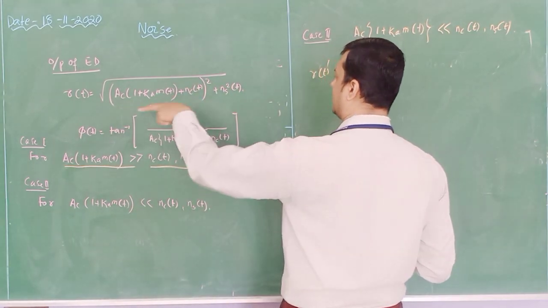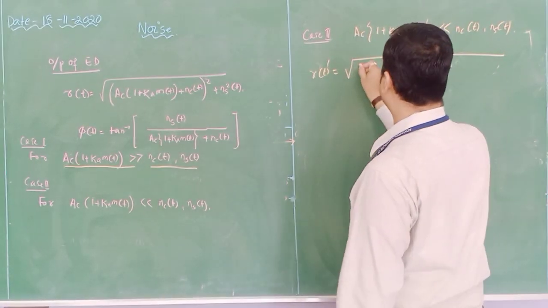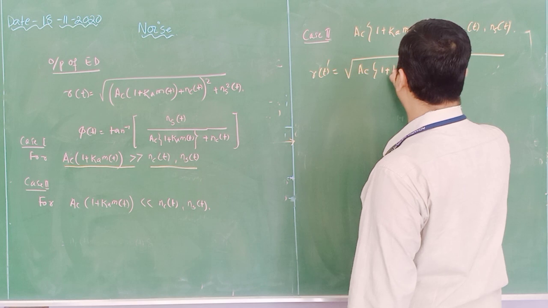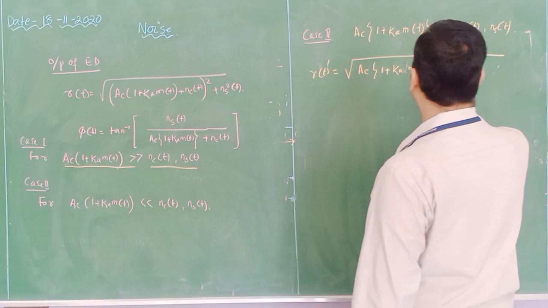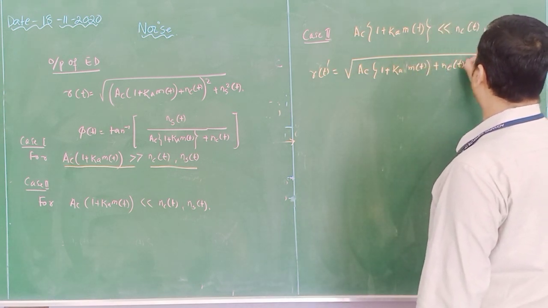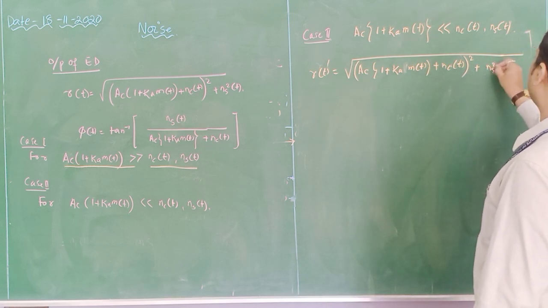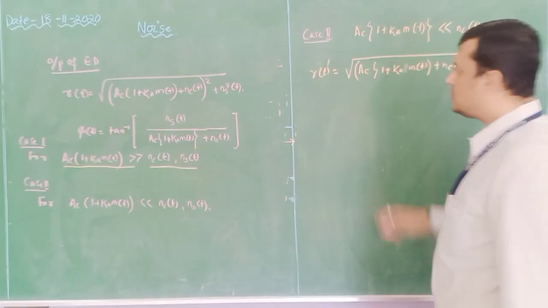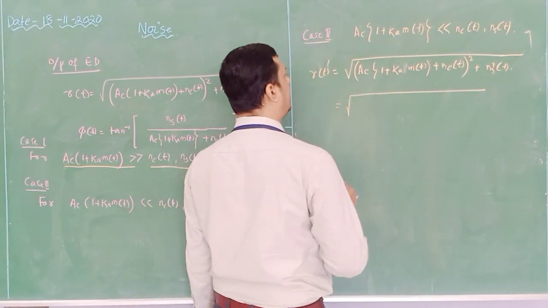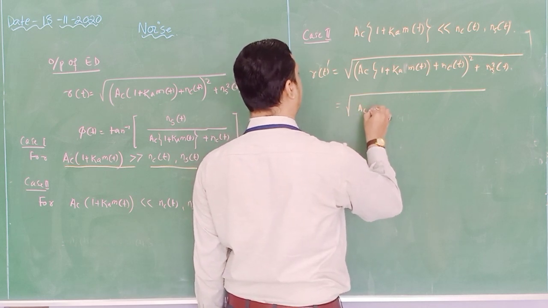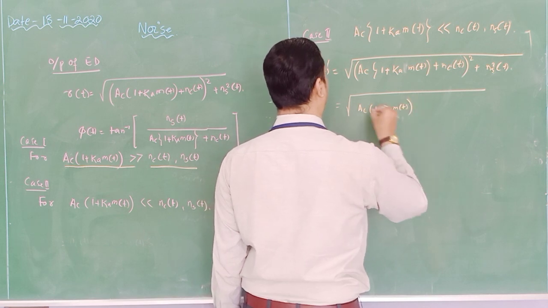R of t is equal to AC 1 plus Ka m of t plus Nc of t, whole square, plus Ns square of t. Square these two terms. How much will we get? Let's see. The first term is AC 1 plus K m of t, whole square.